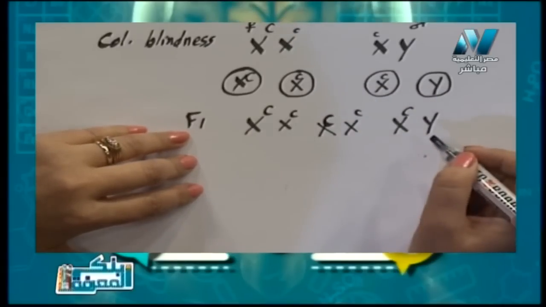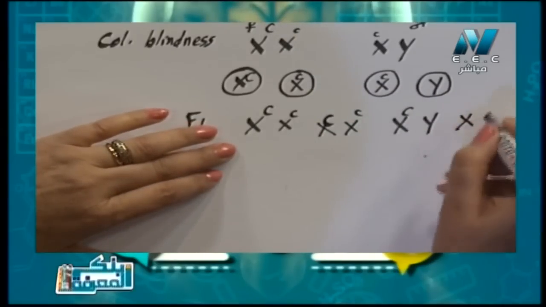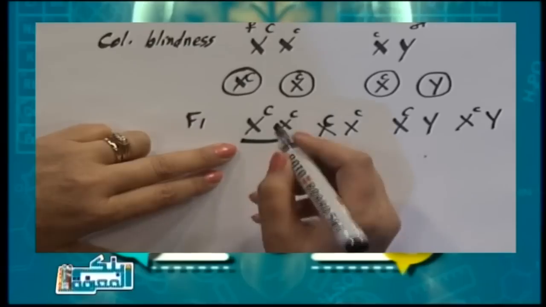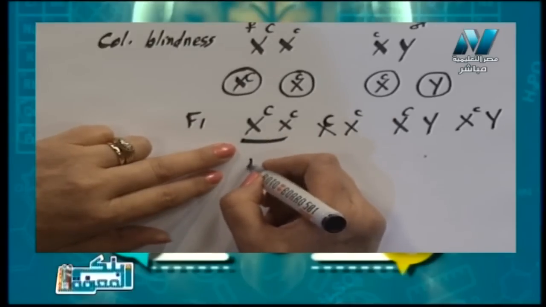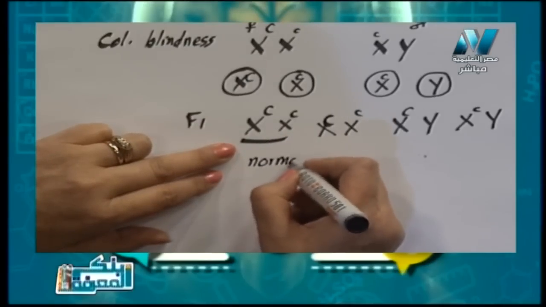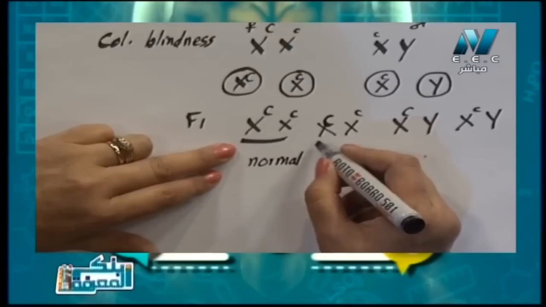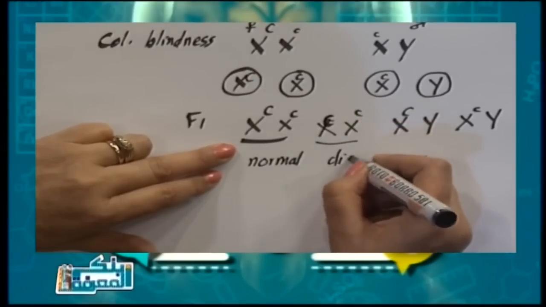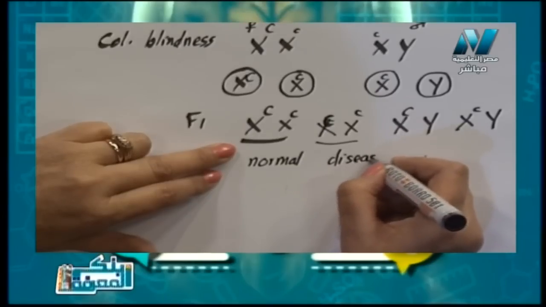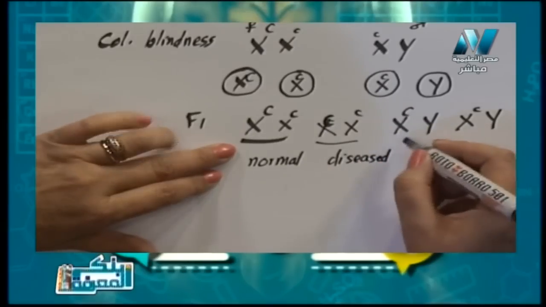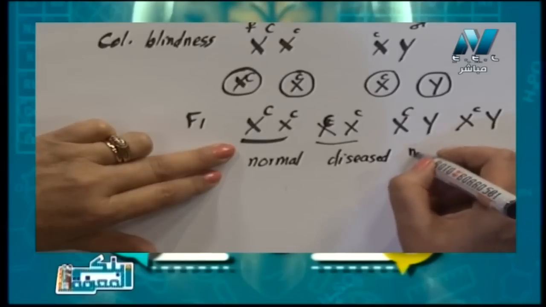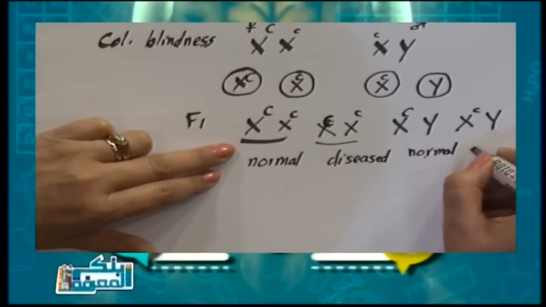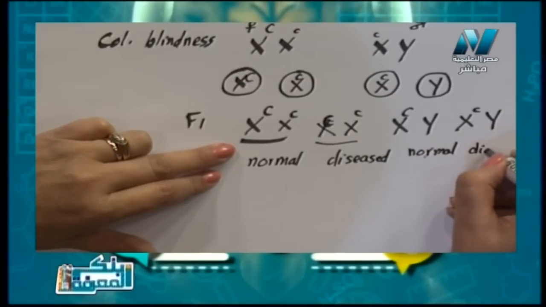So in this case, this is a female, and she is normal, and this is a female, and she is diseased, and this is a male normal, and the other male is diseased.